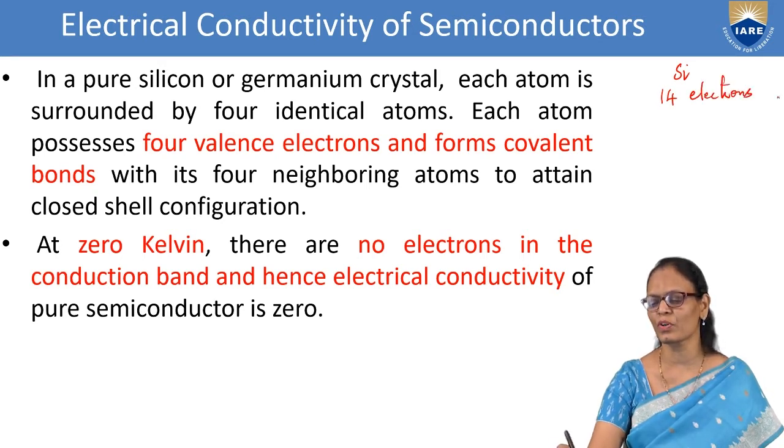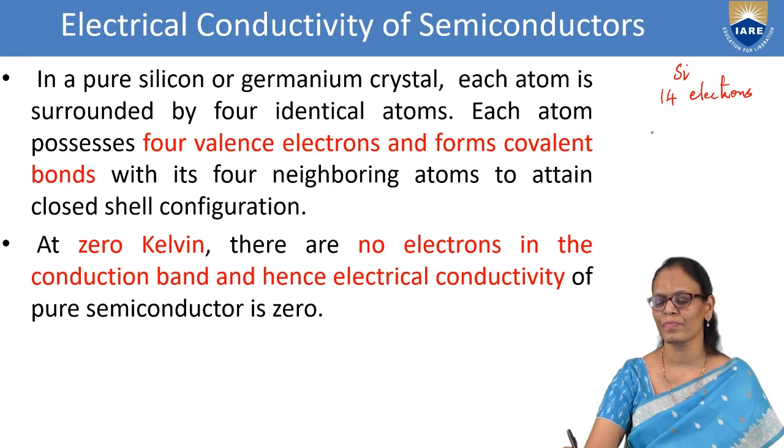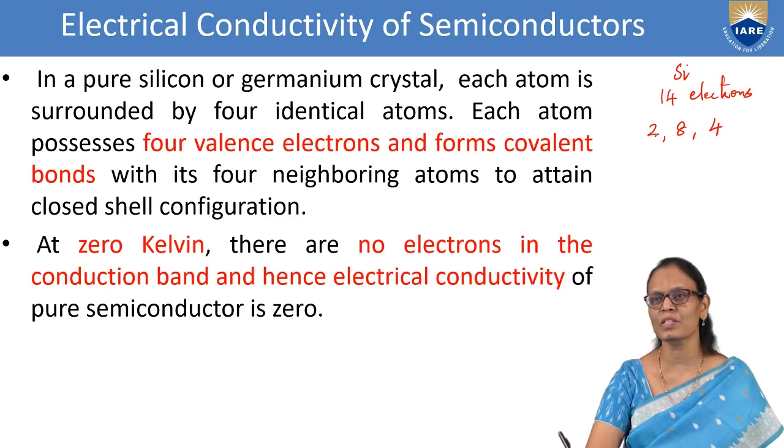And how are these 14 electrons arranged? 2, 8 and 4. So 2 in the first orbit, 8 in the second orbit and 4 in the last orbit. Those electrons in the outermost orbit, we call them valence electrons.